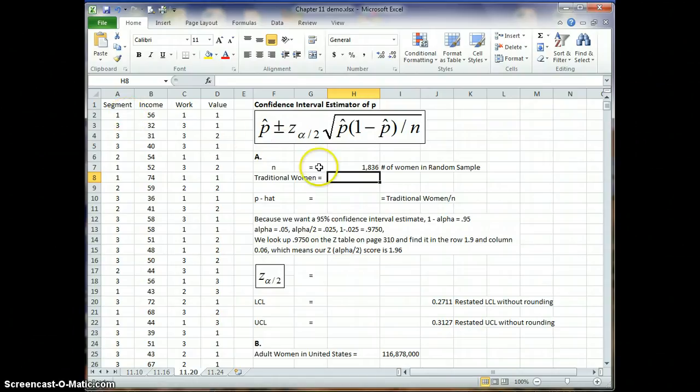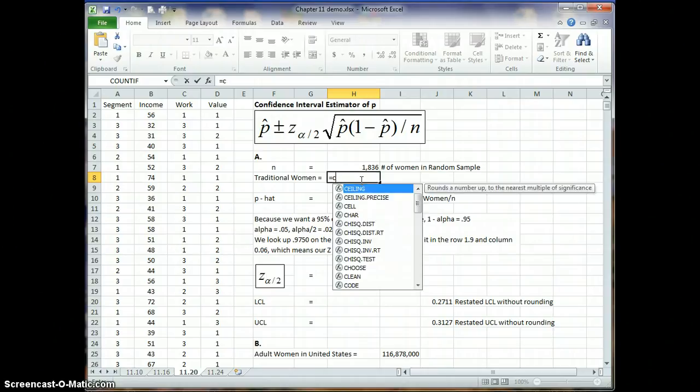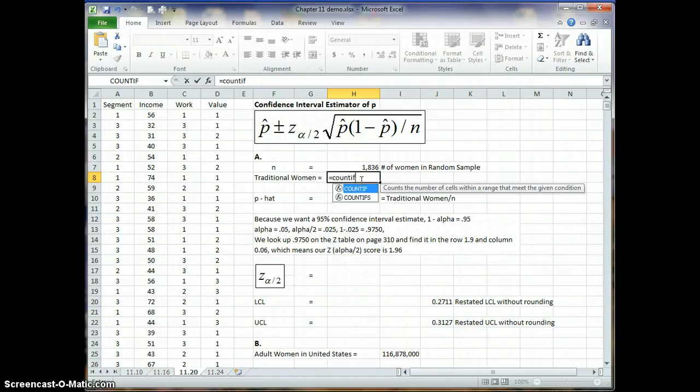So the way we would do that is we're going to use the COUNTIF function. So equal COUNTIF, and it says counts the number of cells within a range that meet the given condition.